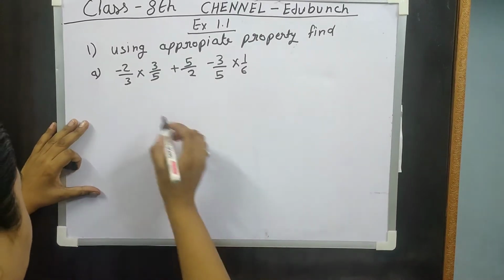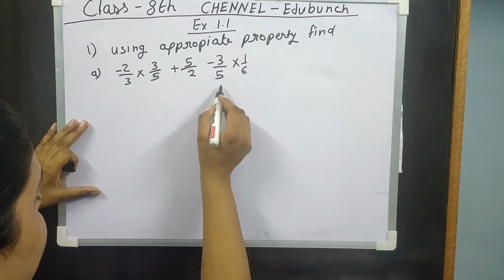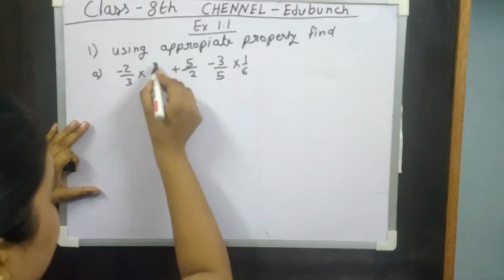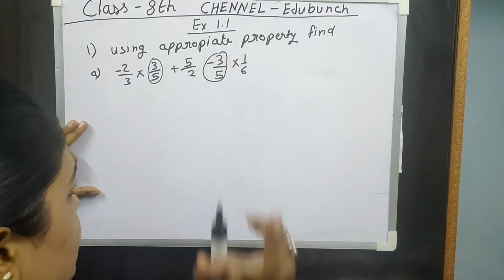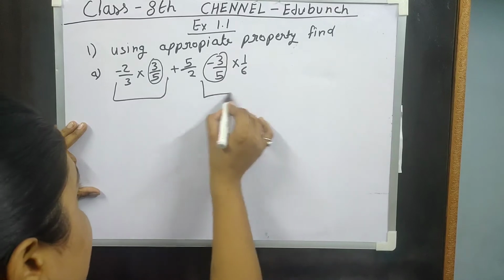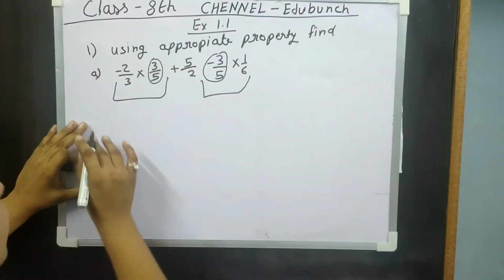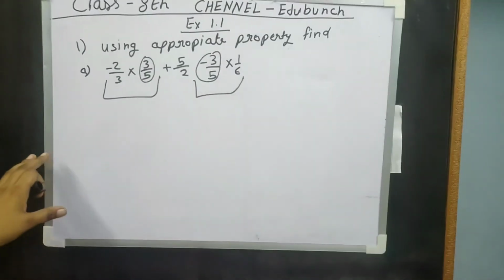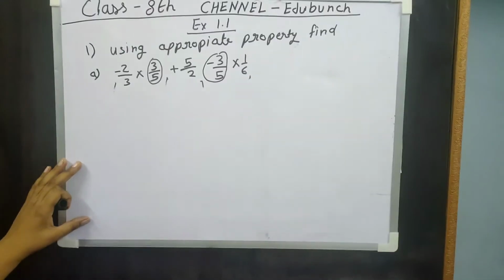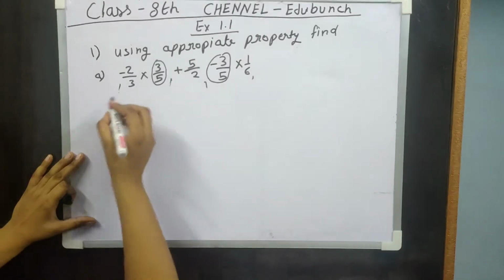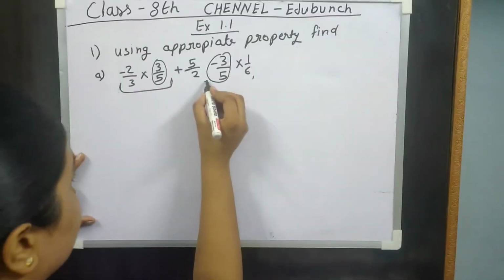Now look here. 3 upon 5 and 3 upon 5 is repeated 2 times. So we make a group in which these digits come close. So our next step is to make these digits come close.